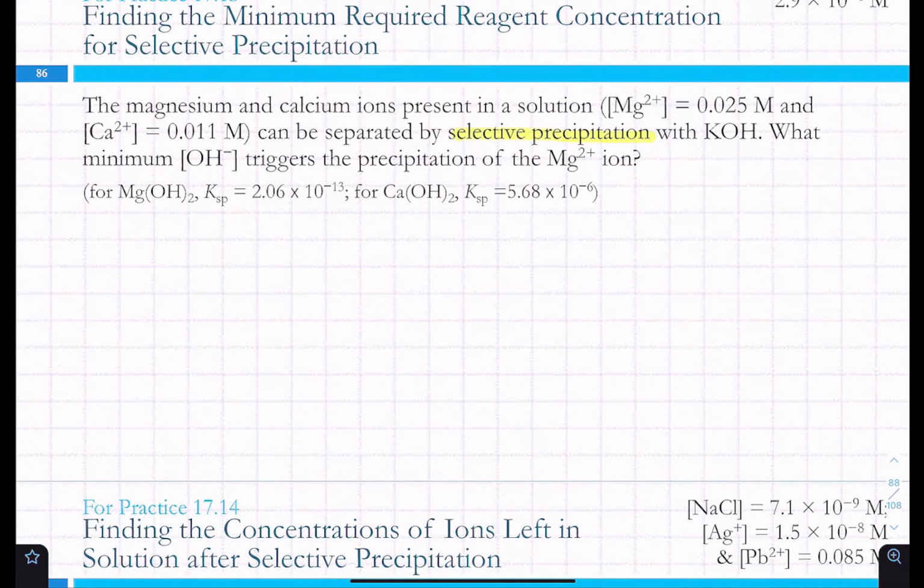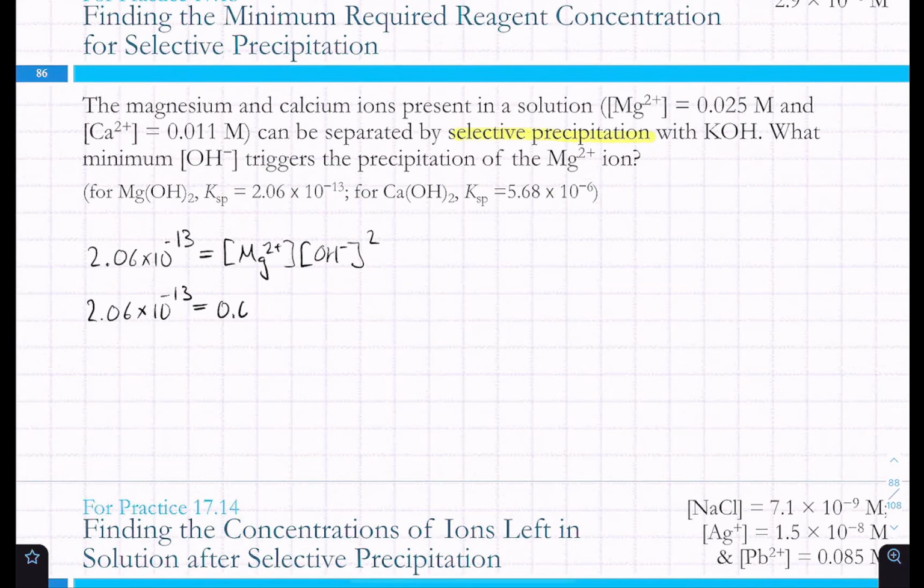And this calculation is actually just going to be 2.06 times 10 to the minus 13 equals the magnesium concentration, or I'll write this, Mg2+ times OH minus squared. All right, so it's just our KSP equation.